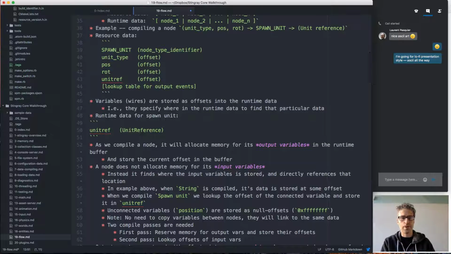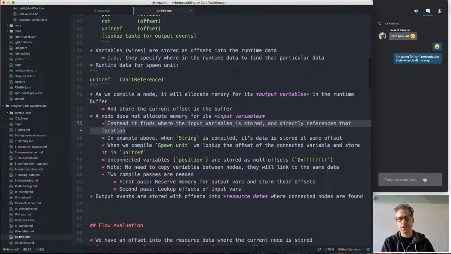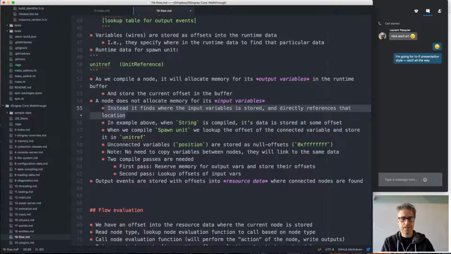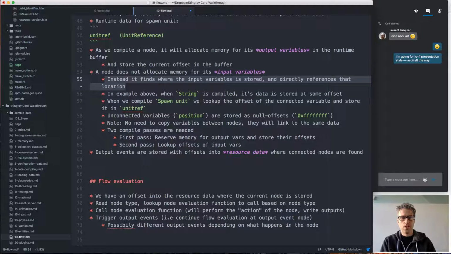So we find where the input variables are stored and we directly reference that location.